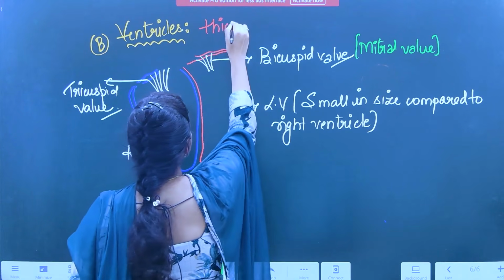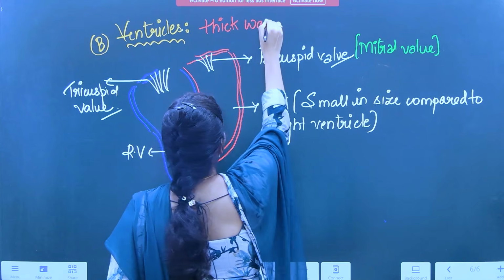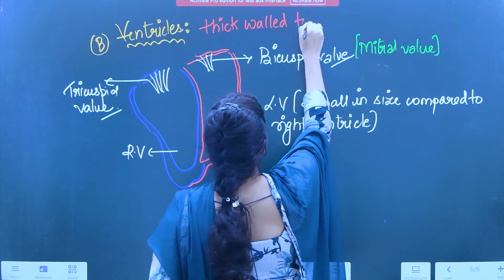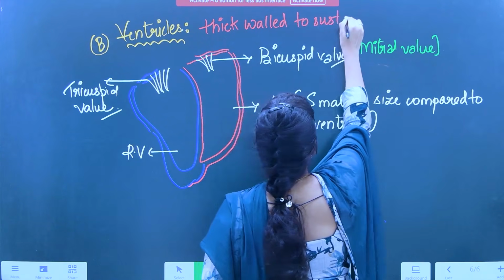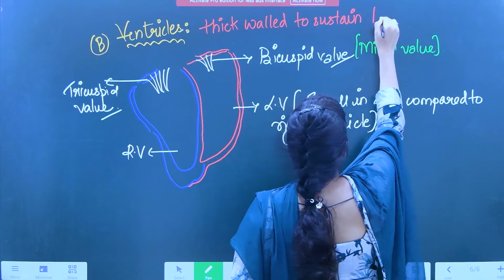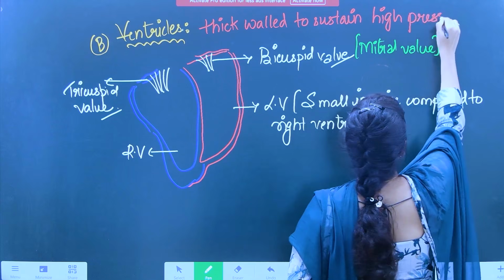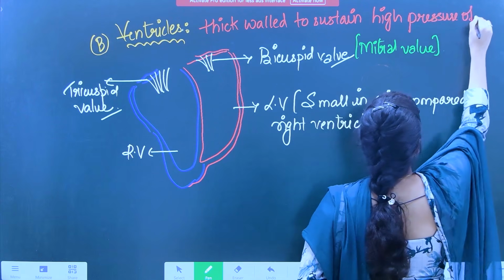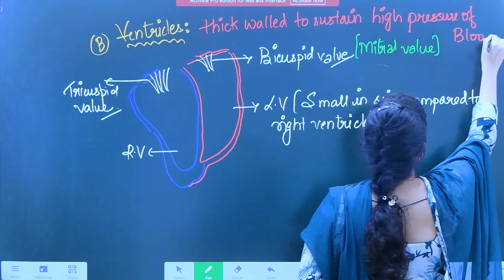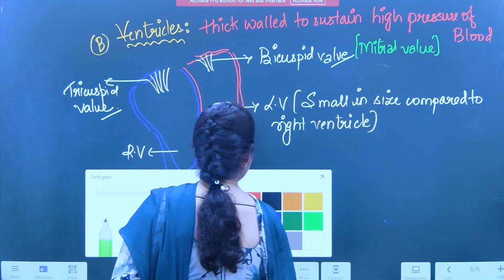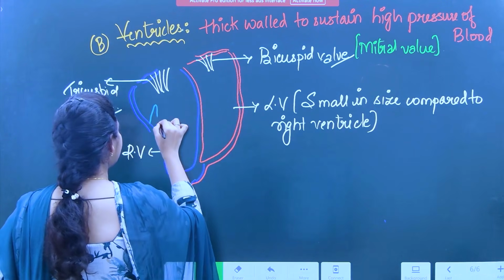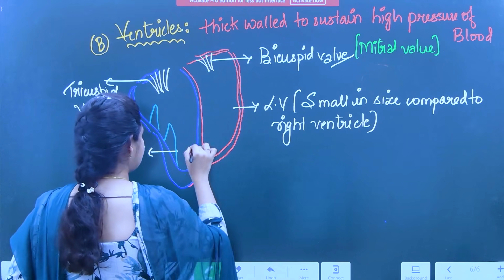Because blood flows with high pressure. They are thick walled to sustain the high pressure of blood.